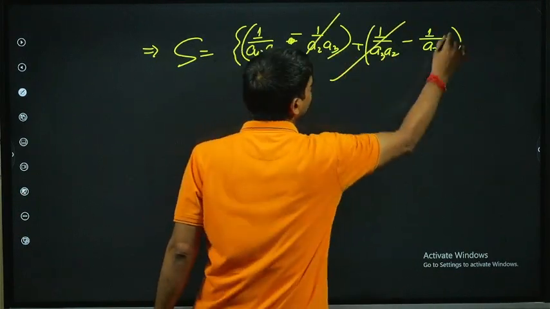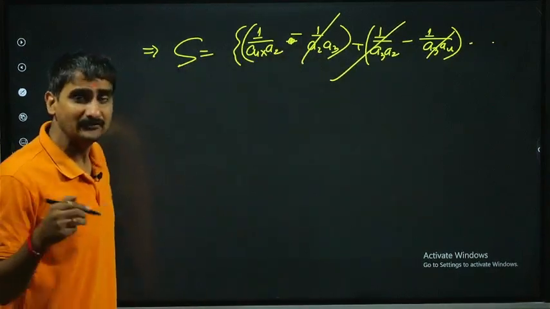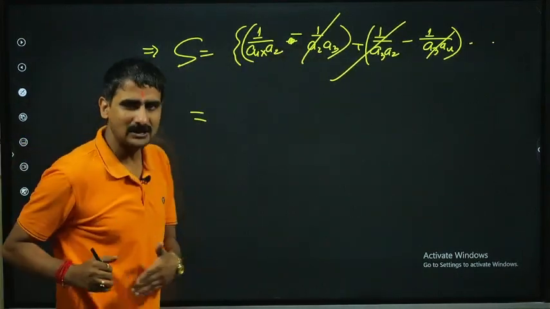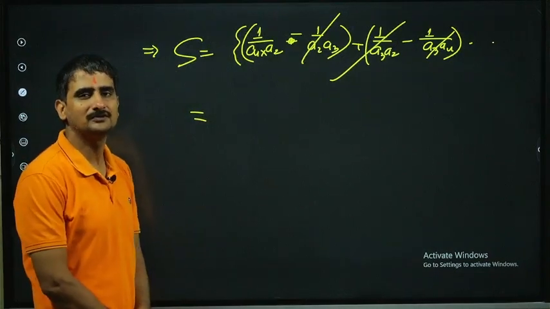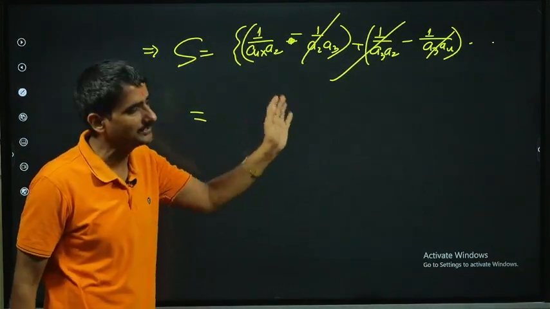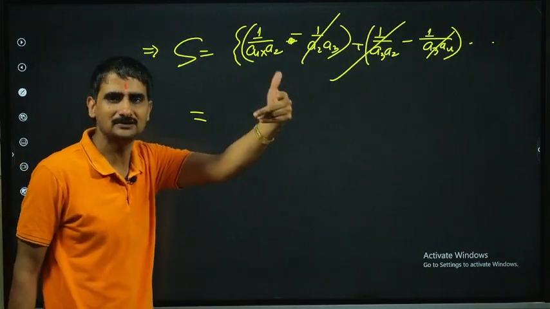See, the terms started getting cancelled. Since you had the difference of two consecutive terms and you are left with one term in the beginning, you will be left with one term at the last with a negative sign.